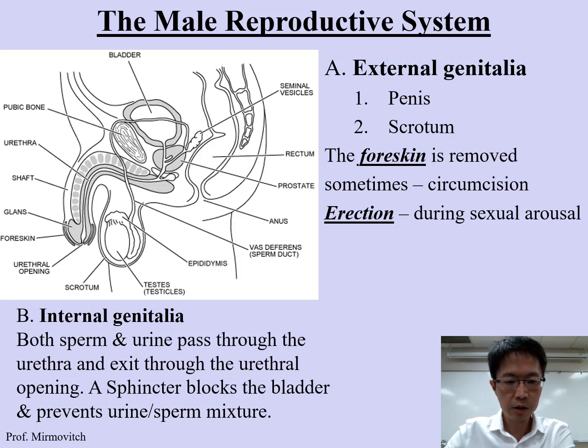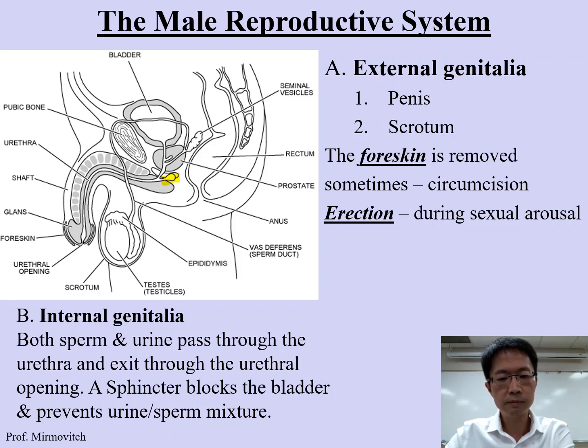For example, this picture did not label this gland. This gland is called the bulbourethral gland, aka Cowper's gland.